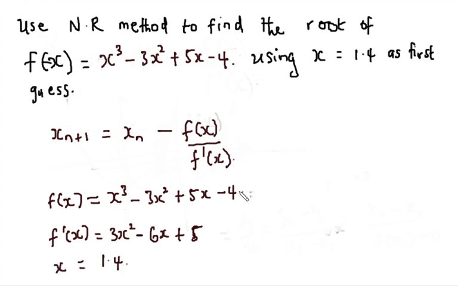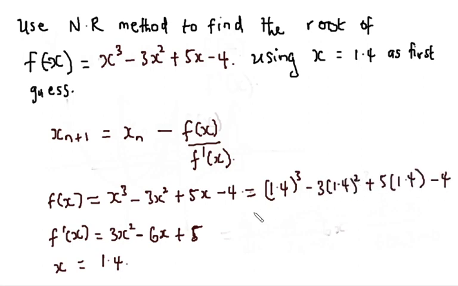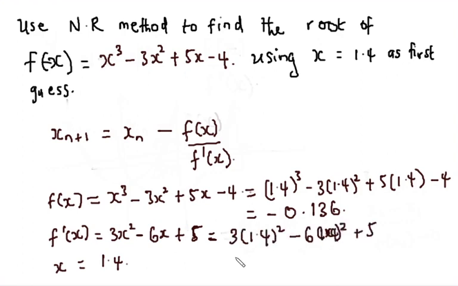So we can quickly analyze this by saying, so this is equal to minus 0.136. So for the f prime of x value, for our first x value, this is equal to 2.48.